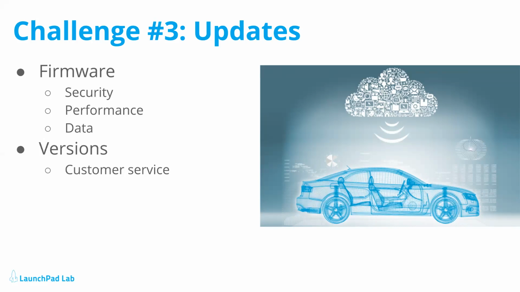So a lot of times, once you ship the IoT product out, you'll find a need for a way to remotely update. Sometimes this is referred to as over-the-air updates. And those can be for security reasons or performance reasons, as I mentioned.